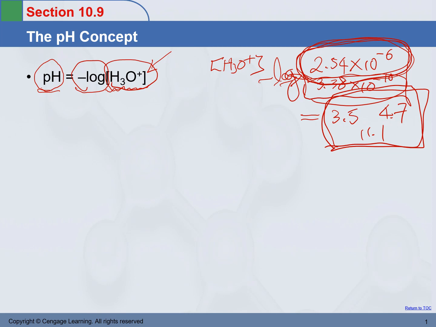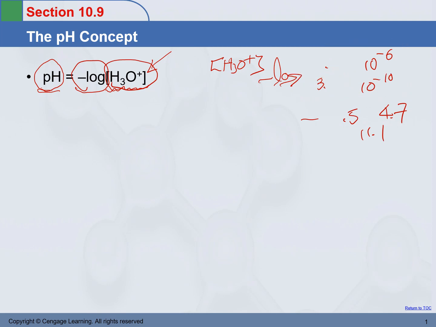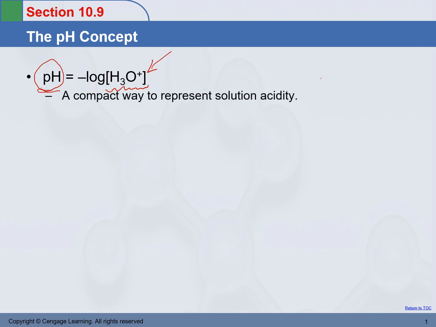Does that make sense to you? That is why scientists took a negative log of the hydronium ion concentration, so that they can convert it to a more compact format. So pH is a compact way to represent the solution acidity.